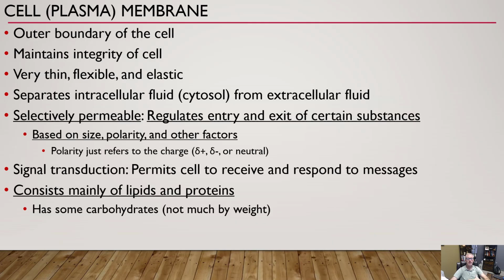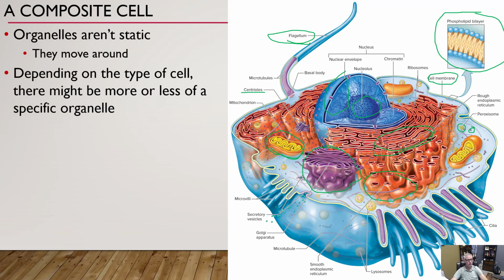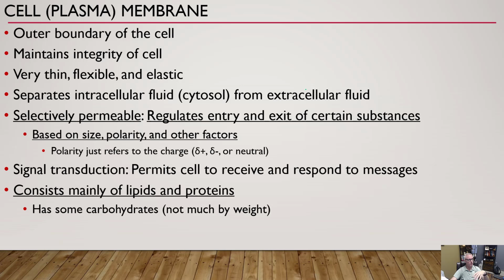All right, so the cell membrane. Obviously, it's that outer boundary. It maintains the integrity of the cell. It's very thin, that phospholipid bilayer. It separates the intracellular fluid, what's inside the cell, from the extracellular fluid, the fluid that's outside of the cell.